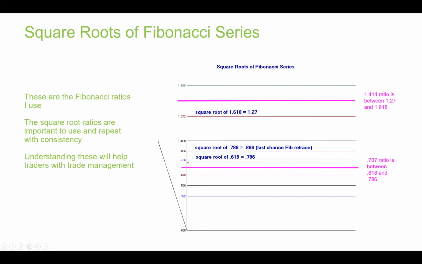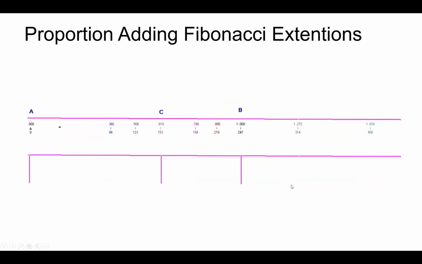And so they're assuming if a price exceeds that 0.786, that the price may be continuing to the upside or the downside. But this 0.886 ratio very often is going to be a resistance or support area, depending on the direction of it. And again, I'll show you on some charts some tips and tricks with that 0.886 ratio.